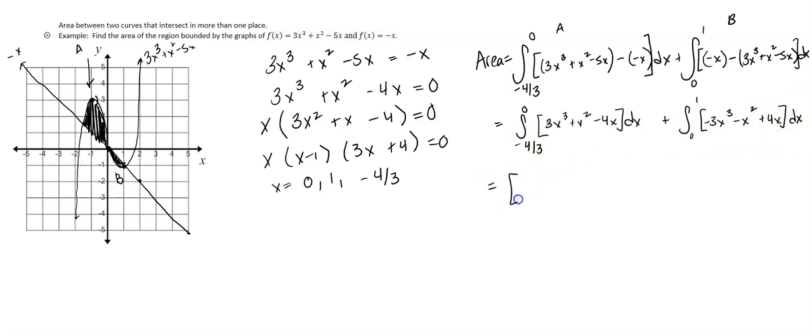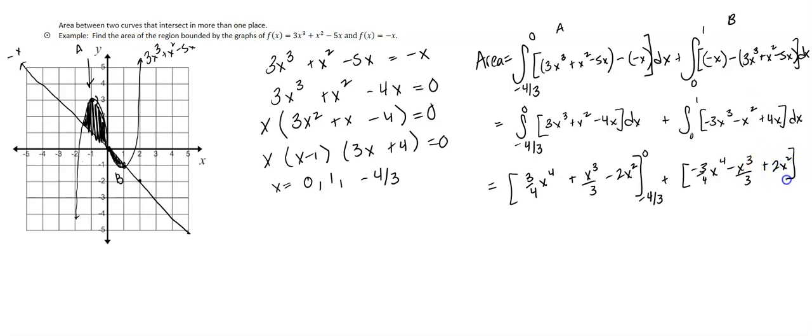So now I integrate each piece. I've got 3/4 x to the 4th plus x cubed over 3 minus 2x squared from negative 4/3 to 0. And then I'm going to have negative 3/4 x to the 4th minus x cubed over 3 plus 2x squared, and that one's going to go from 0 to 1.